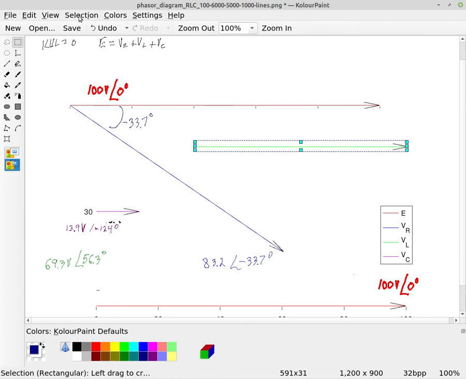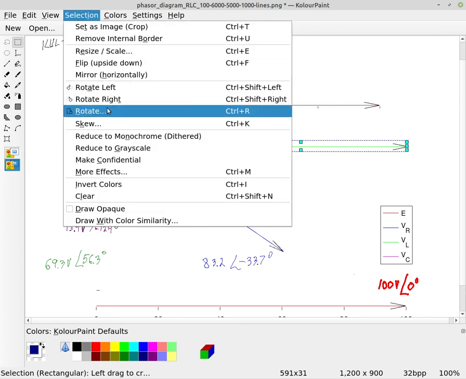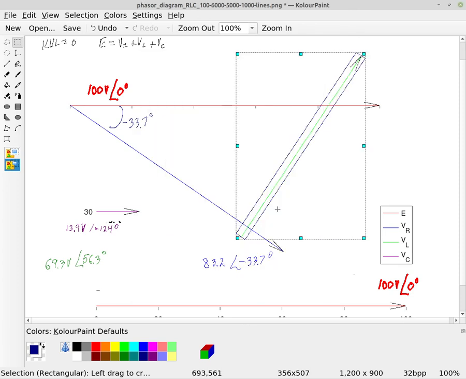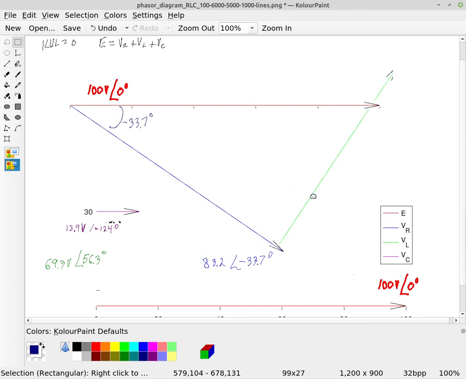And so I'm going to grab that, and I'm going to rotate it, and this one should be 56.3 degrees. So this is the positive direction here, or counterclockwise, and it's going to be 56 degrees, and so I'm going to paste that right on here.